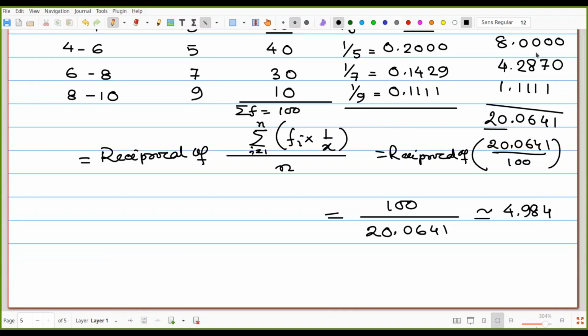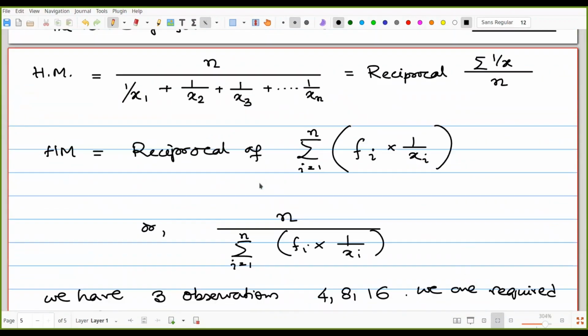Just one line we want to say about the geometric mean.